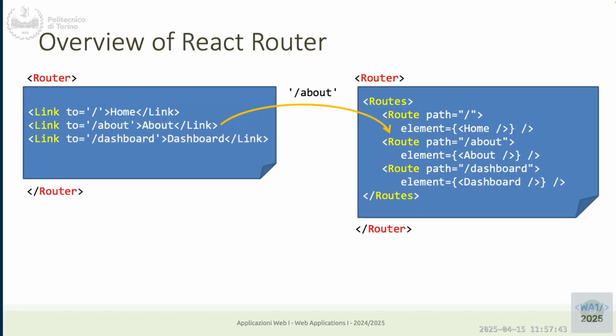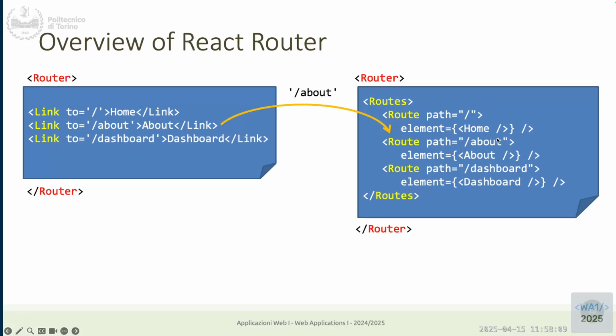So, what's the idea? The idea is that we define different versions of our website responding to different routes. On the right-hand side, we have three alternatives: a website that can show a home page, or can show an about page, or can show a dashboard. And we have a component that will show an element that will show the home, and another, and so on.